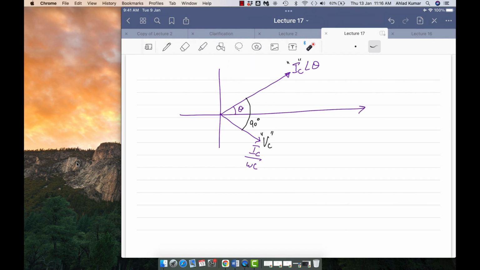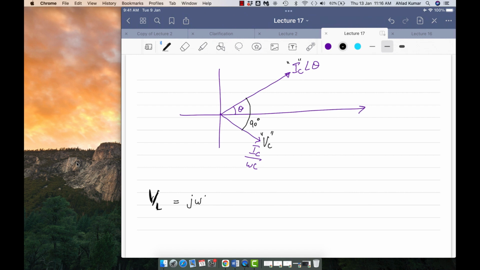Okay, so this is for the capacitors. If you do the same thing for inductors, I don't want to go into the derivations, but what you will get is mod.